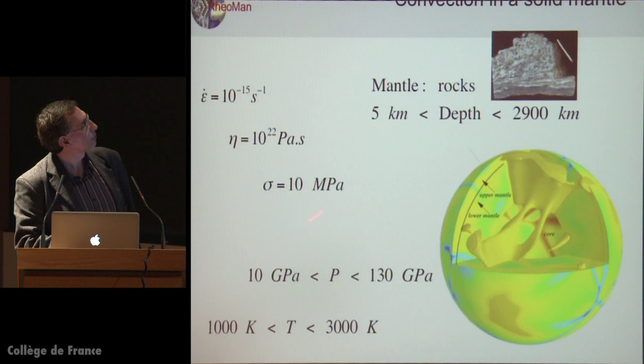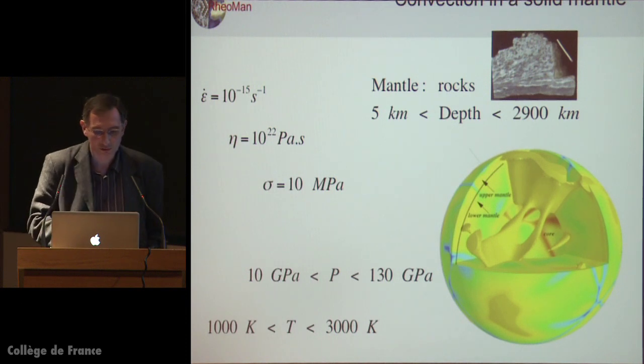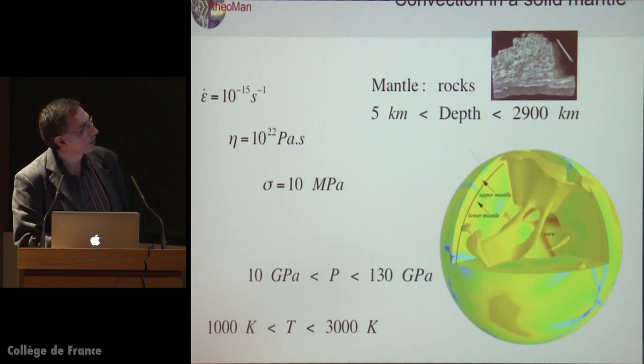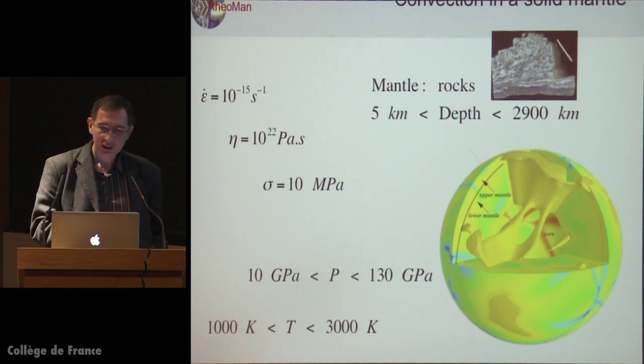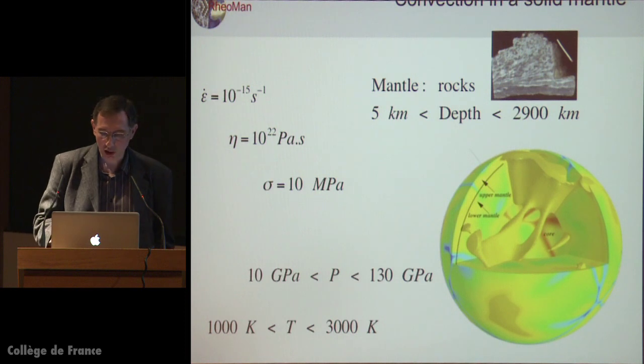And also, last but not least, we have very, very small strain rates. The mantle deforms at extremely low strain rates, which are not easy to observe at the human time scale. And also, this has to be done under very low stresses. So this is an experimental challenge and also a theoretical challenge.